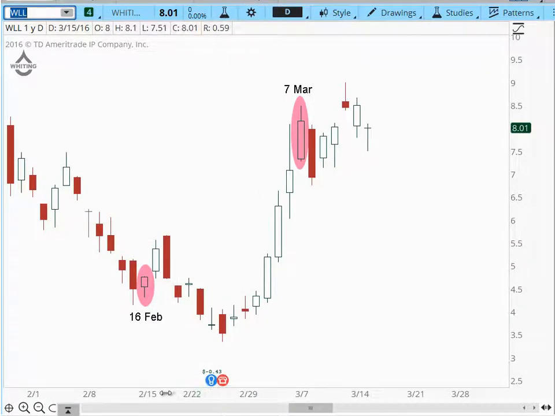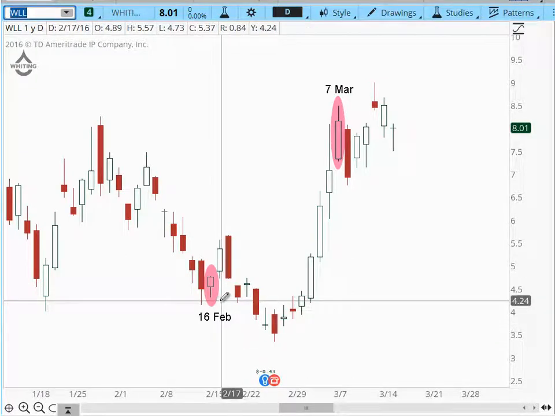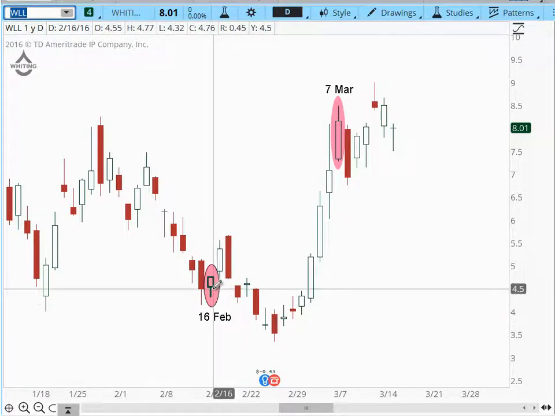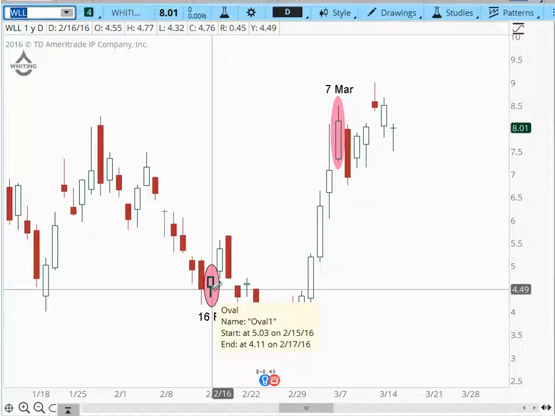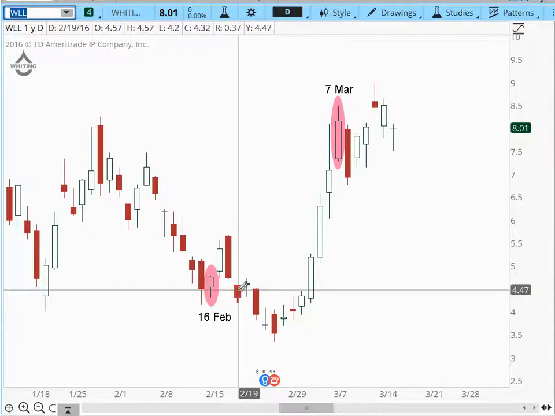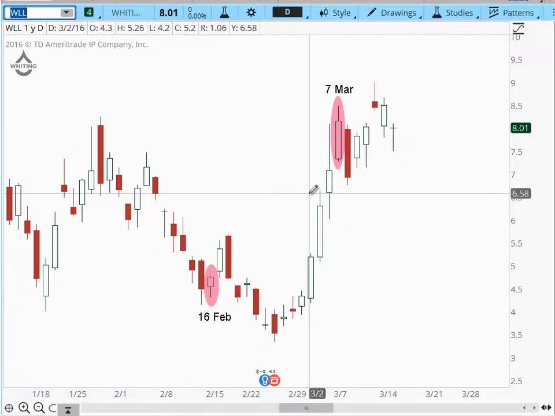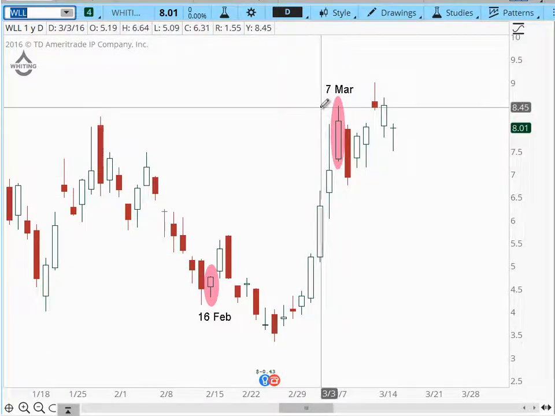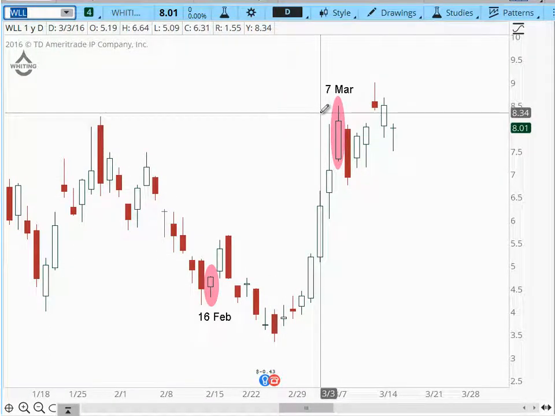My entry is on the 16th February. I've got in at about $4.50 around that level, and it has gone up to near $8 on the 7th of March, in which I have retrieved some of my capital from this stock.